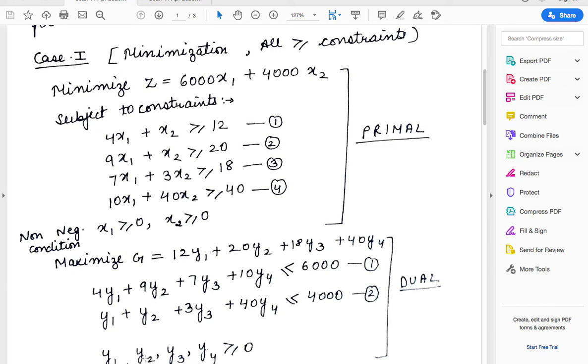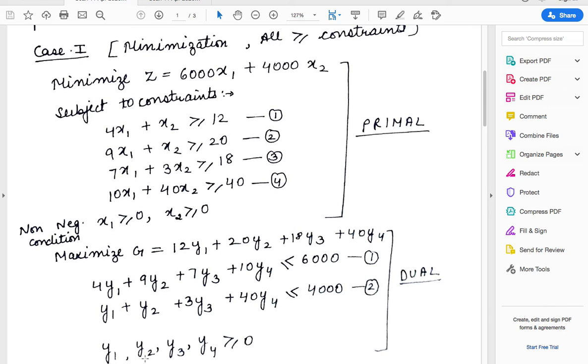So what are the rules? The number of variables in the primal is converted into the number of constraints, and the number of constraints in the primal is converted into the number of variables.